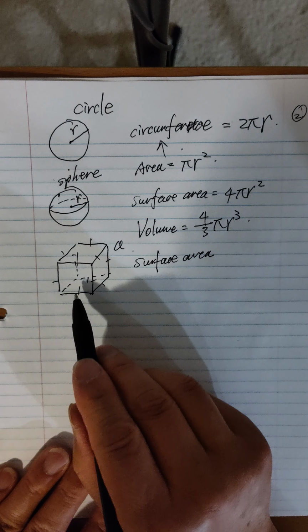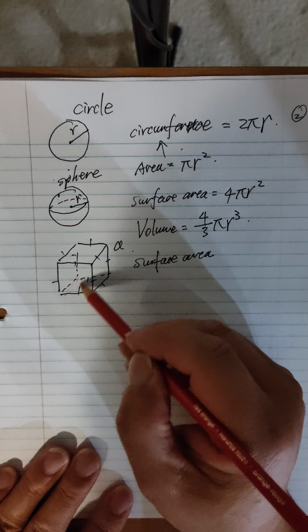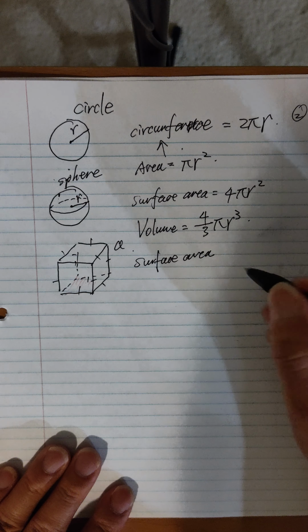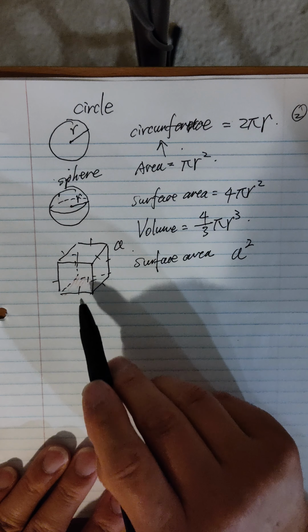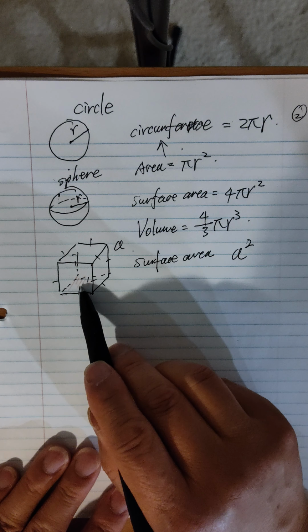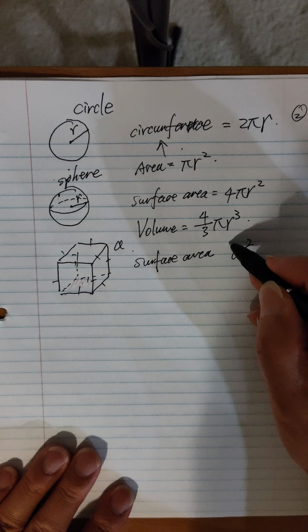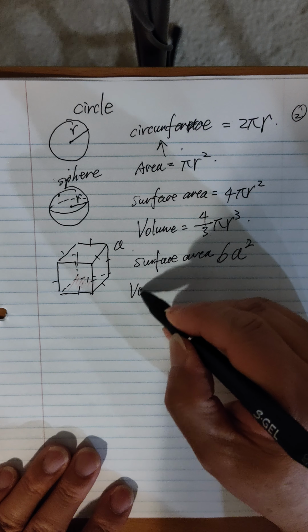If we look at the bottom, it's going to be A times A, which is A squared. How many do we have? We have bottom, top, and 4 sides. So in total we have 6 of them. That's 6A squared. What about the volume?